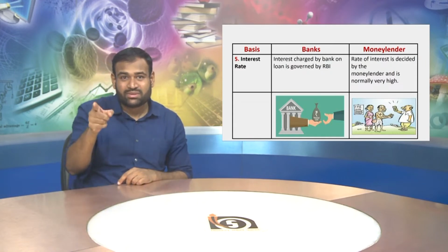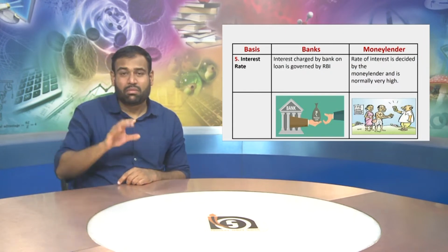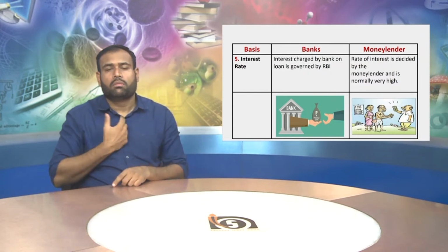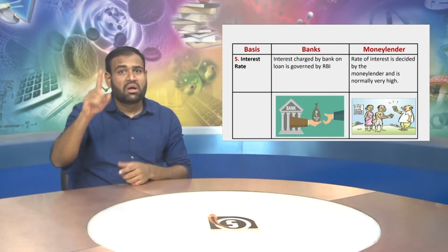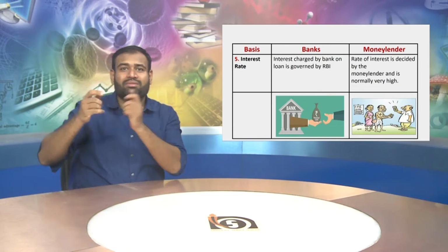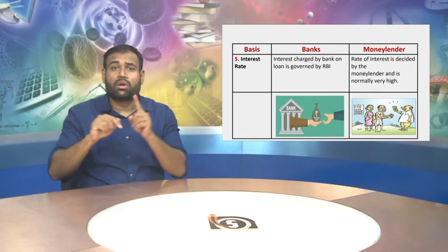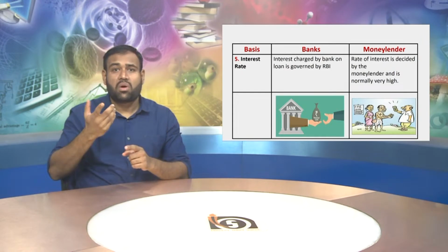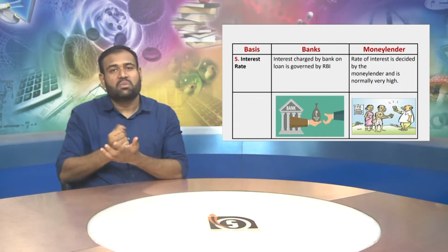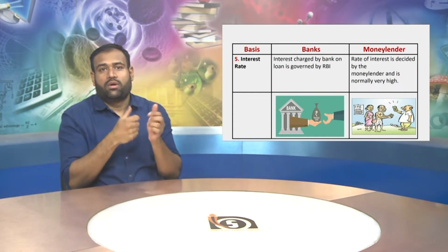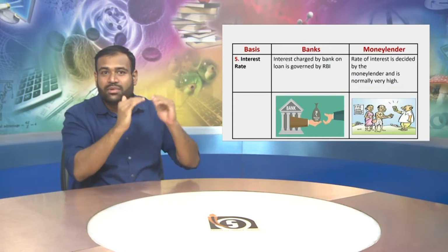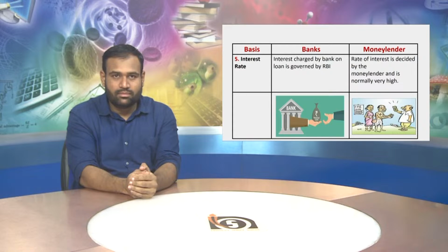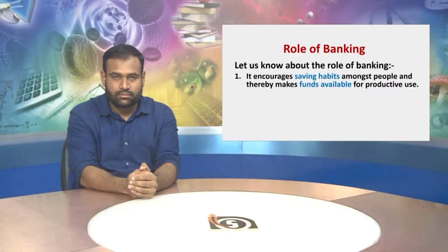But on the other side, the money lender decides the rate of interest, and normally it is very high. So in this case, the risk is upon the person who is borrowing the money. Banks are government organizations and a money lender is an individual.